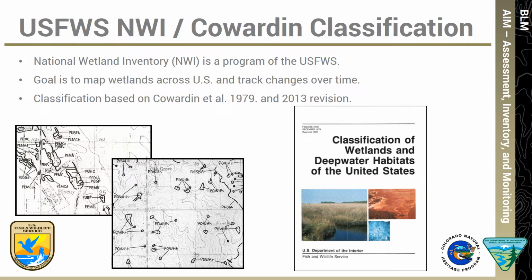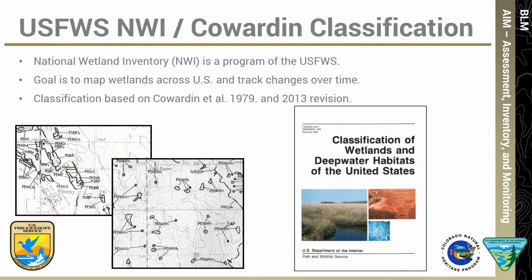Early work by the National Wetlands Inventory program showed that the United States had lost approximately half of its wetland acres. The classification used by the NWI program was based on a document called Classification of Wetlands and Deepwater Habitats of the United States by Cowardin et al. And the classification generally became known by the lead author's name, the Cowardin classification.